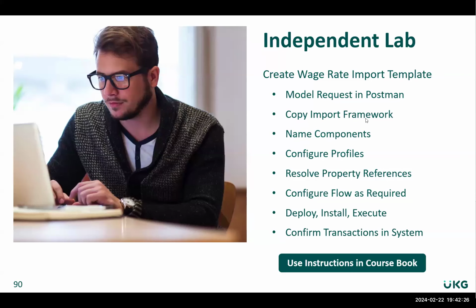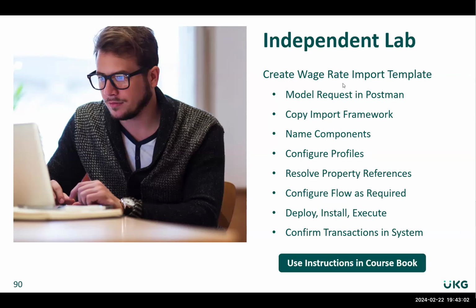Then in Boomi, make a copy of the import framework down to your personal folder. Rename the main process, rename anything that depends on the name of the main process, configure your flat file profiles, your JSON profiles. As you walk through the programming, as you find any process property references that have the old name, double click them, resolve them to the new name, configure the workflow as required, deploy it, install it, execute, and confirm your transactions went into the system.